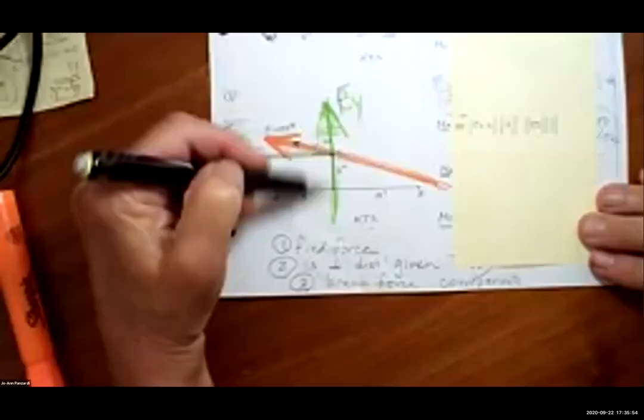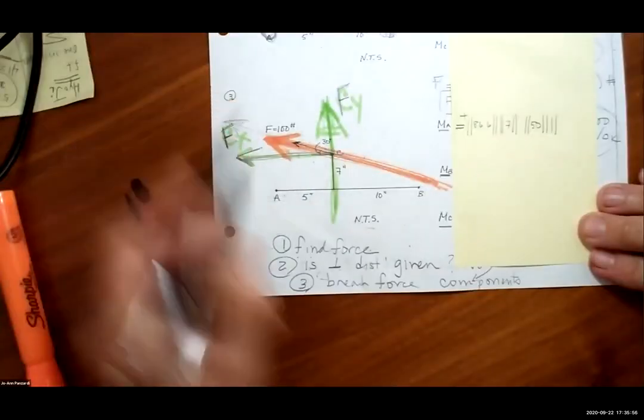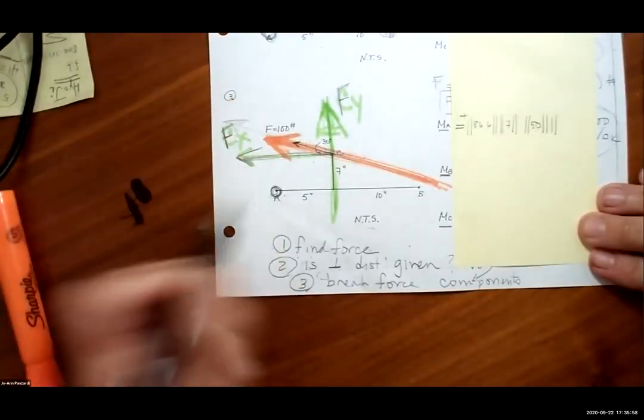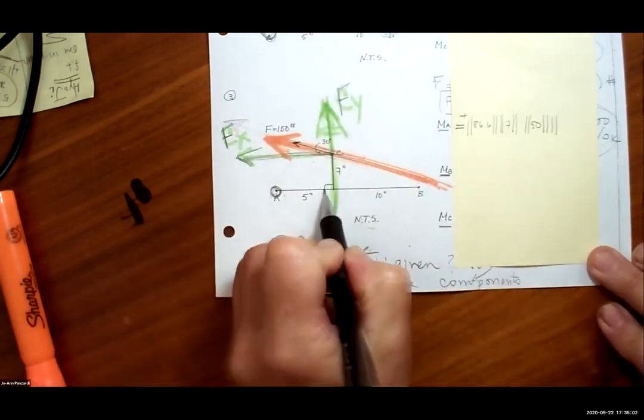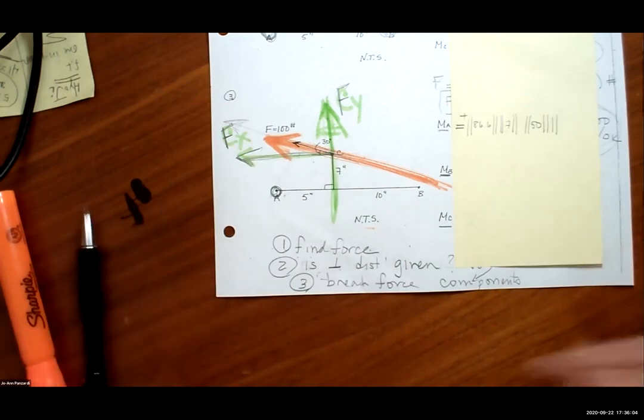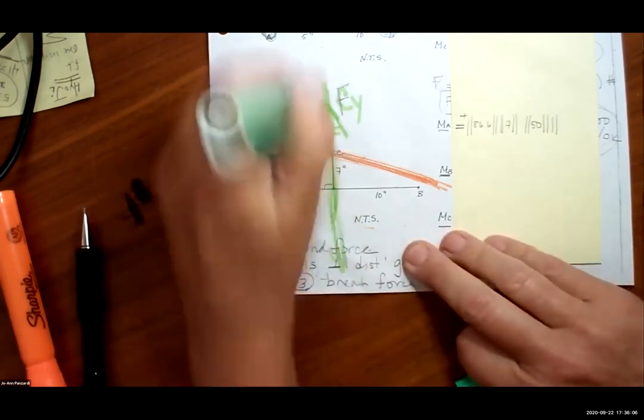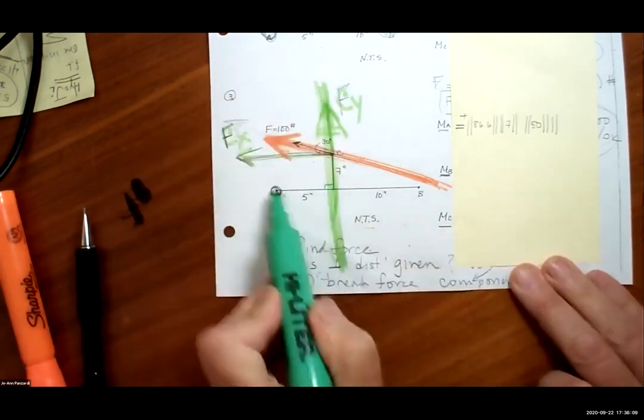Here's FY, right? And here's point A. What is the perpendicular distance from the force? Force is going like this. Here's the force. Here's the point. What is it? 5. Right.